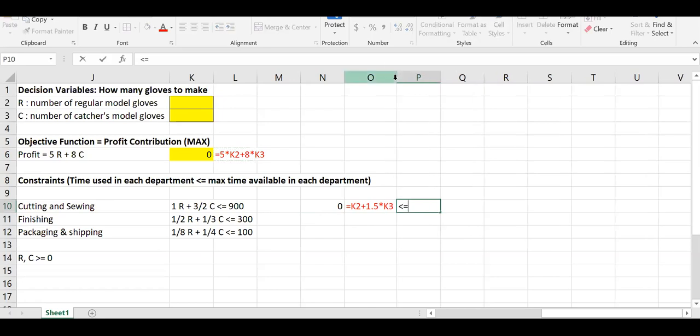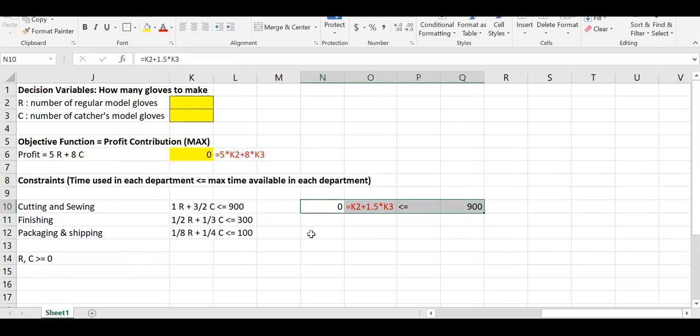I'm just going to type the numbers. Less than or equal to 900. This is my first constraint for cutting and sewing.